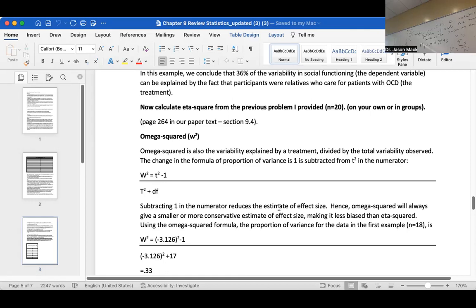And then we're going to do 9.6 for SPSS, which is right here.